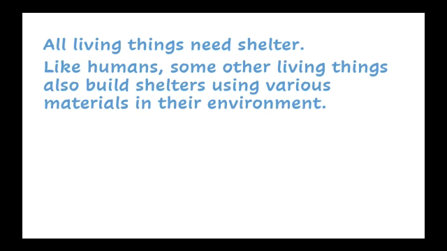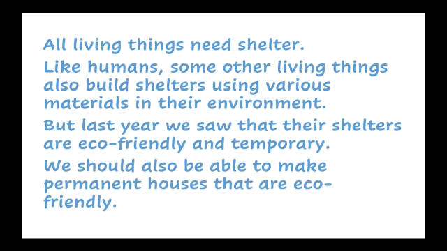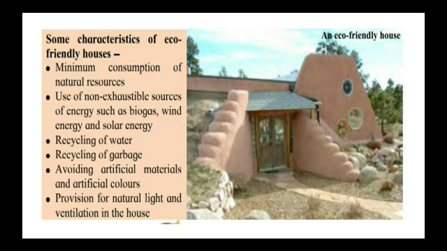All living things need shelter. Like humans, some other living things build shelter using various materials in their environment. But last year we saw that their shelters are eco-friendly and temporary. We should also be able to make permanent houses that are eco-friendly. Now here, students, you will observe the picture of an eco-friendly house.